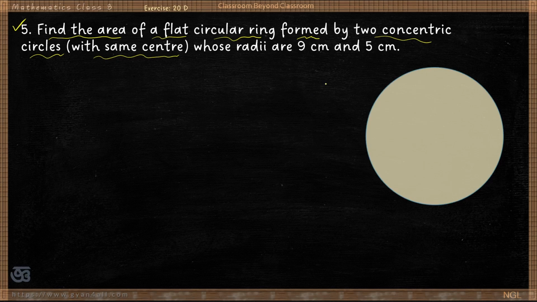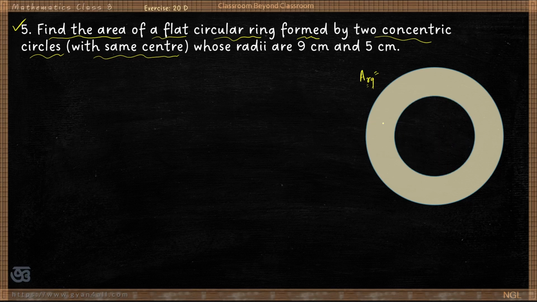This is the bigger circle, and suppose the area of this circle is A_R9, that means the area of the circle with radius 9. And there is another concentric circle. Suppose the area of this circle is A_R5, that means area with radius 5 centimeter.